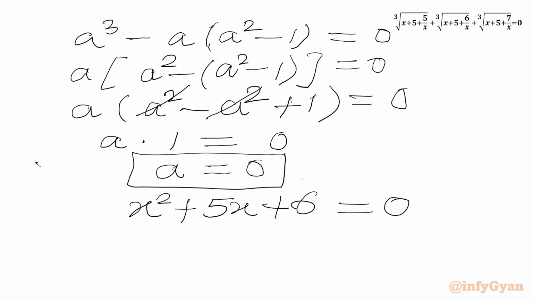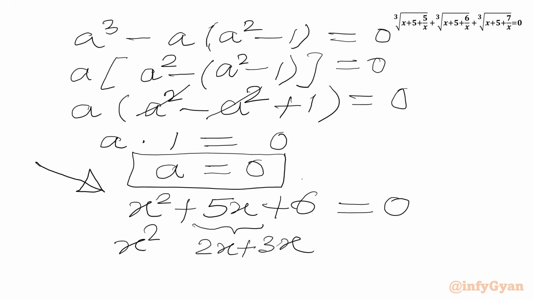So ultimately we have to solve this quadratic equation, which we will solve using the method of factorization. We can split our middle term 5x as 2x plus 3x. So we can write here x square plus 2x plus 3x plus 6 equal to 0.